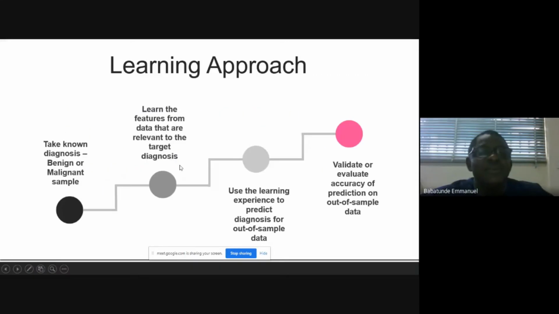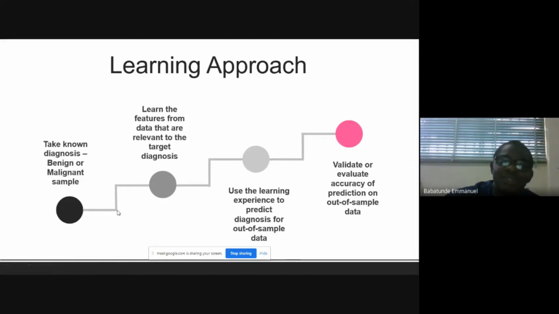Okay, that's our goal. And the learning approach, the stages involved, is that we take a known diagnosis, which is a benign or malignant sample. We learn the features from that data that are relevant to the target diagnosis, that is either benign or malignant. We use the learning experience to predict diagnosis for out of sample data.